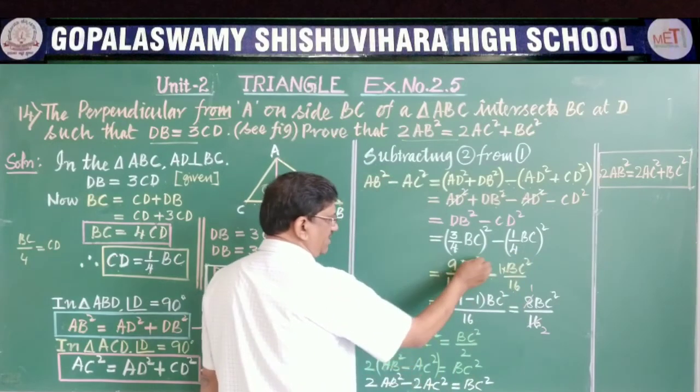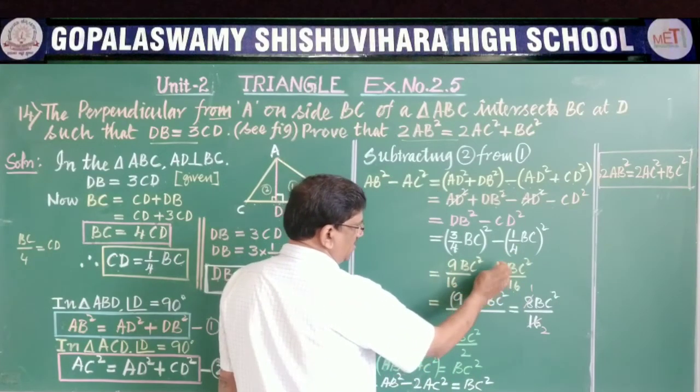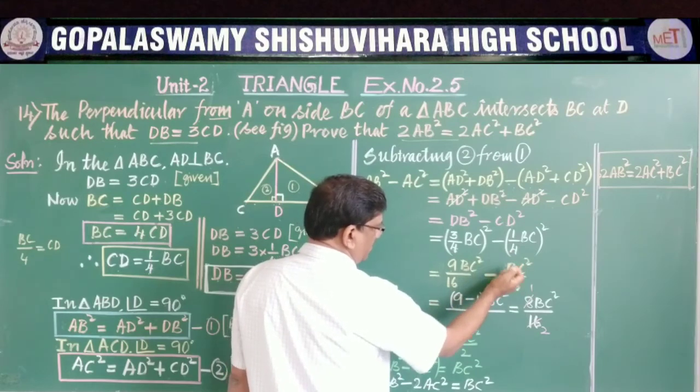So it is 9 BC square divided by 16 minus BC square by 16.